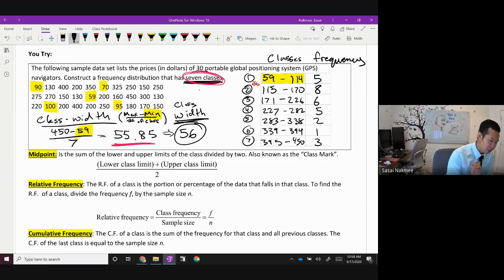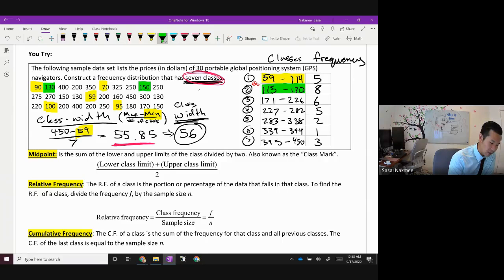And if you need a refresher on how I got these numbers, let's just do one for example real quick. Class 2 is numbers that are from 115 to 170. So I'm supposed to go through this data and look for numbers that are between 115 and 170. So 130 is one of them. 400 is too big. 200 is too big. 350 is too big. So I just keep going.